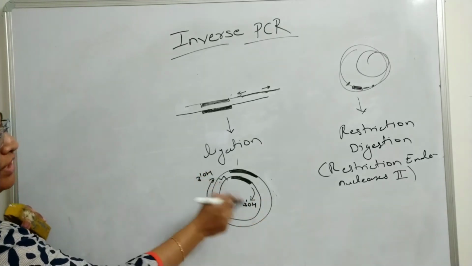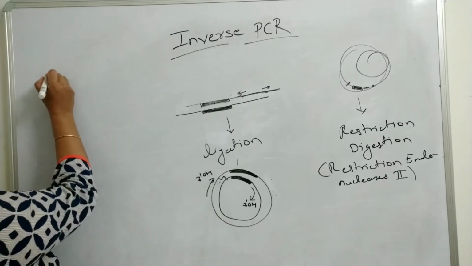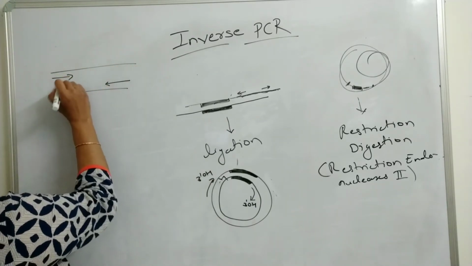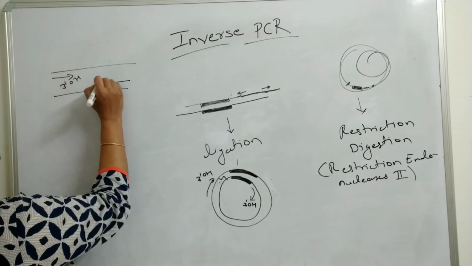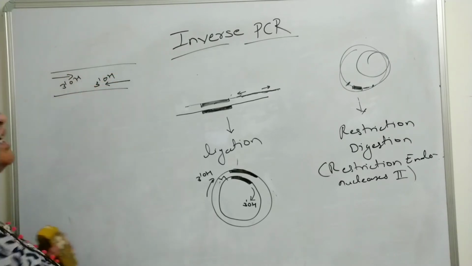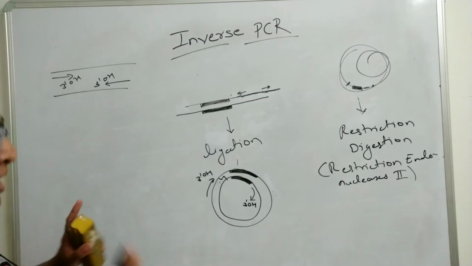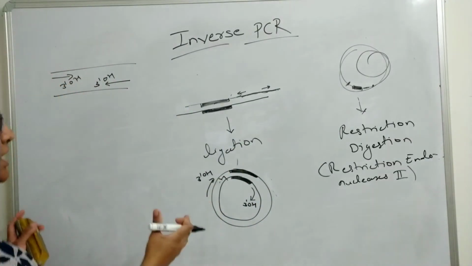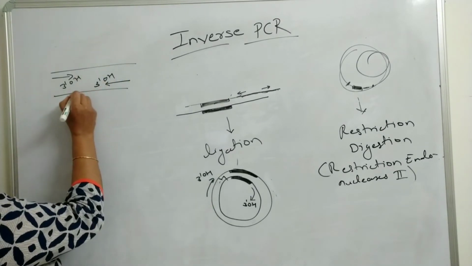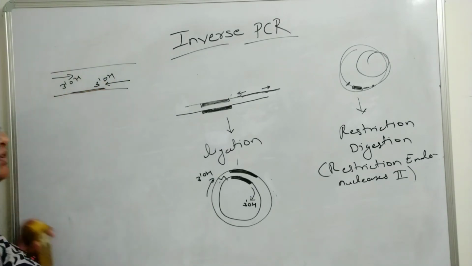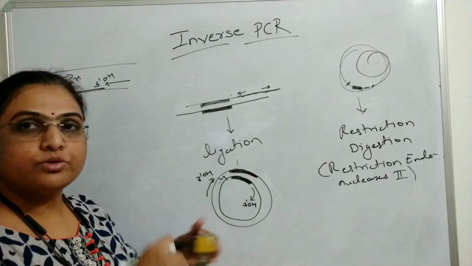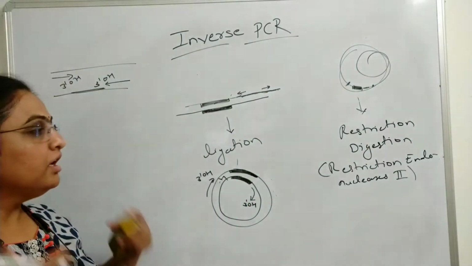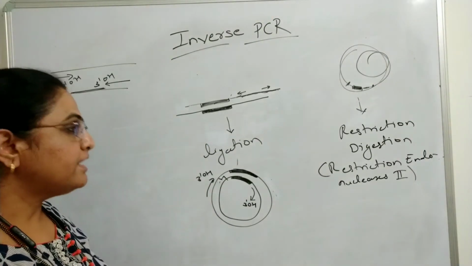In conventional PCR, these 3' OH ends point in the same direction, but here it is inverse. Conventional PCR amplifies the DNA in between the two primers, and here it is going to amplify the DNA outside. So it is an inside out.